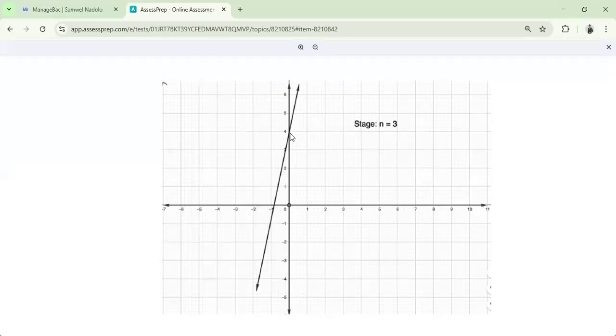So let's see how much I fall down and how much I run to the left up to this point. I'll fall 1, 2, 3, 4, 5, and then I'll run to the left once.